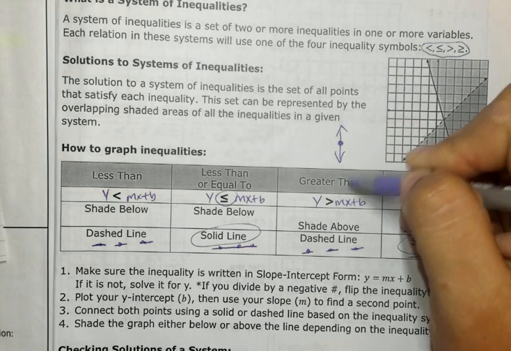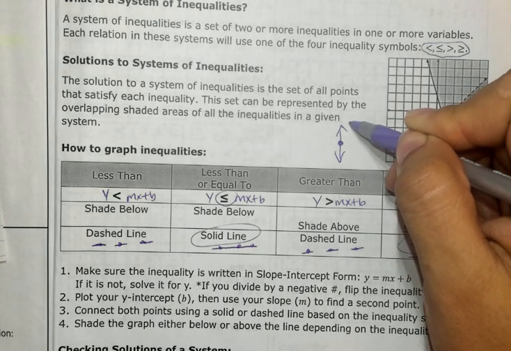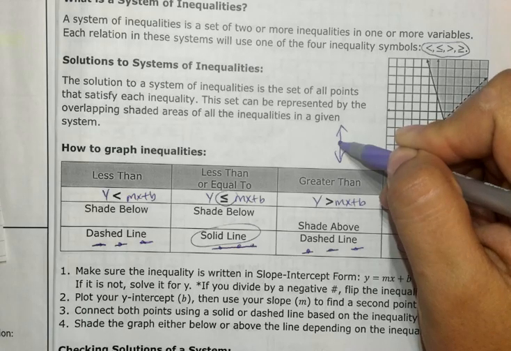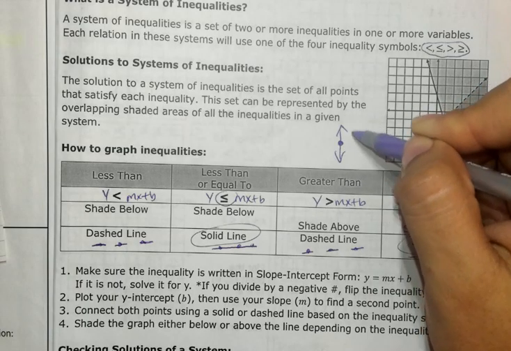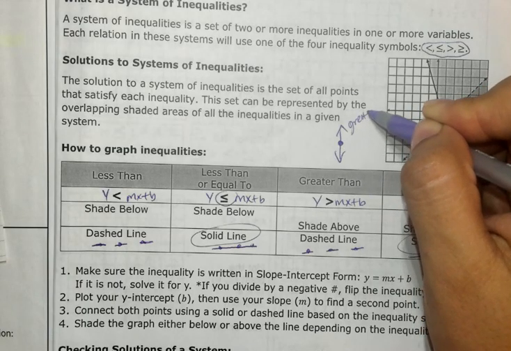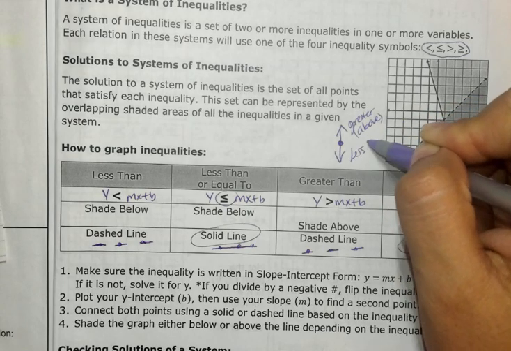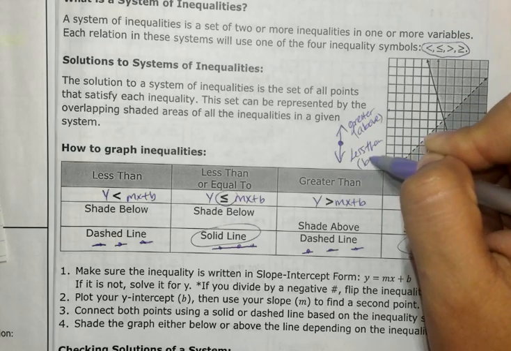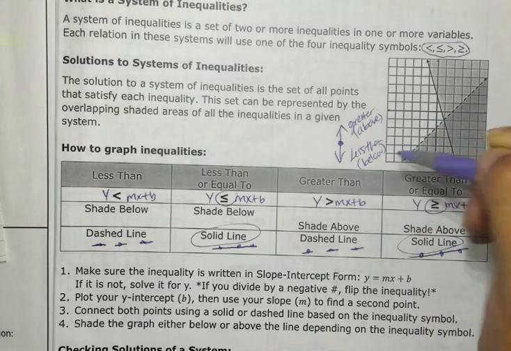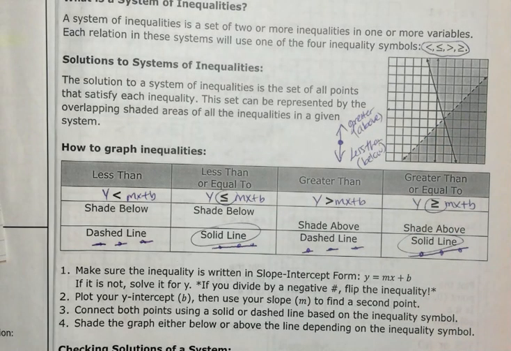So if it's greater than, you want to go above, because the y values greater than that point right there are above. And if it's less than, you want to shade below. I'll do a couple examples in a little bit.